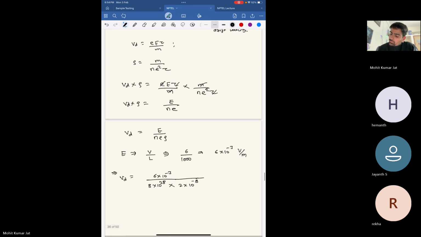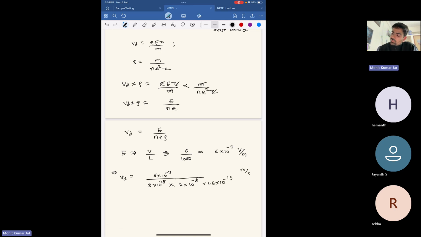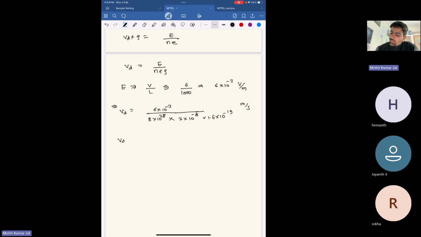And the electronic charge 1.6 into 10 power minus 19, the unit being meter per second. Let's do this calculation. If you solve it, I have already done it.